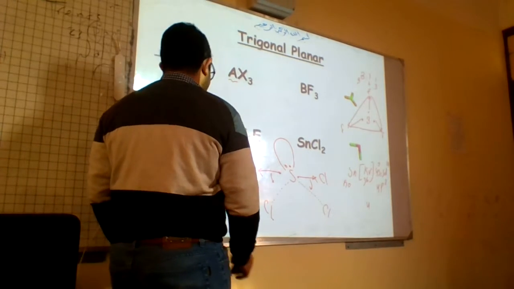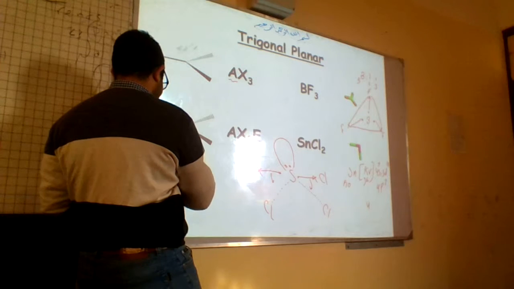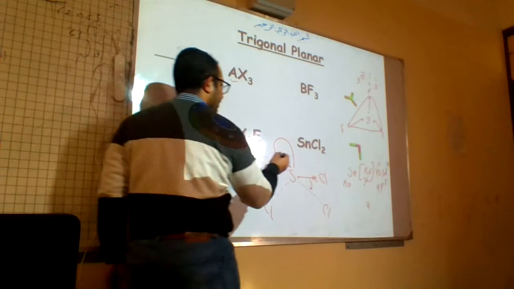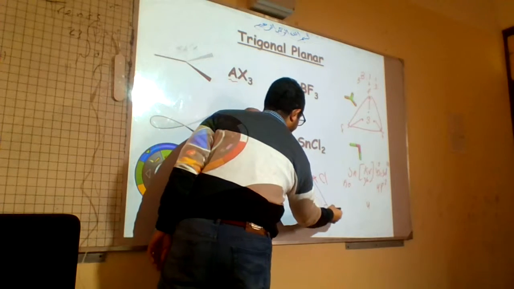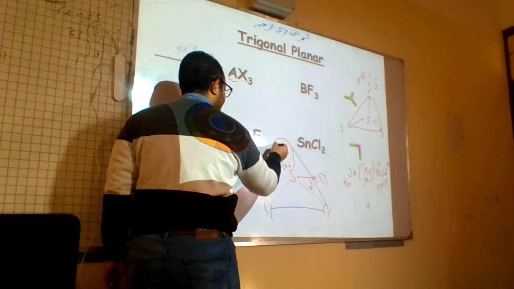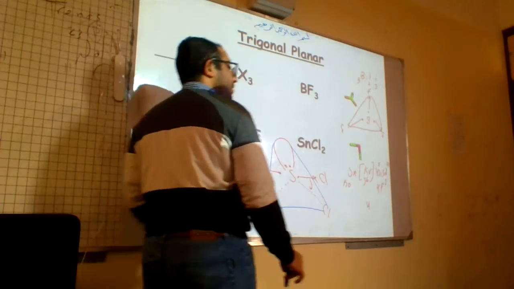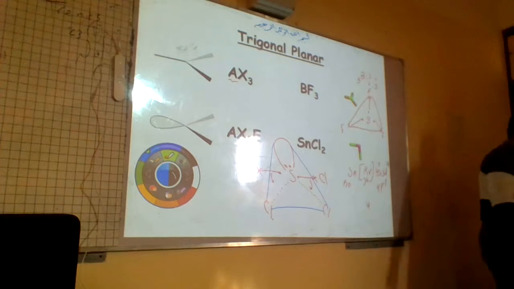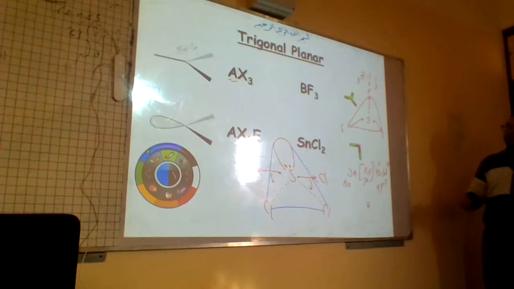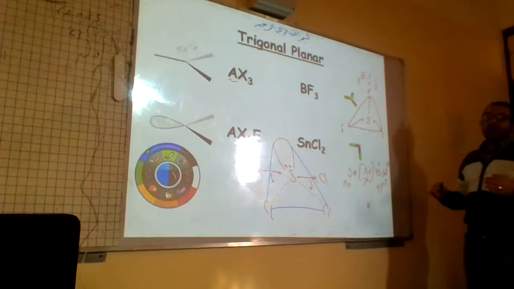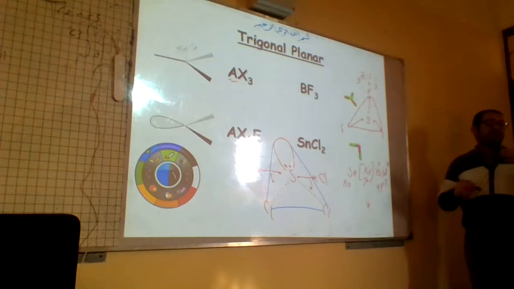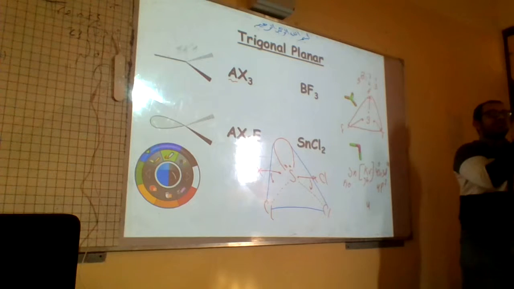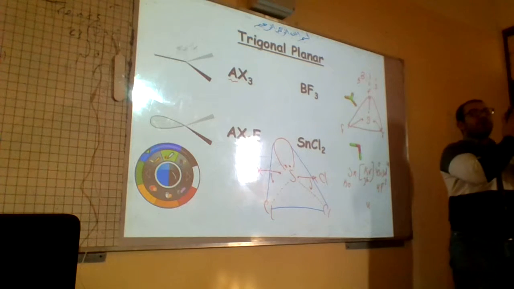The new shape of the compound will be like this: planar, triangular planar. Triangular means a triangle, and planar means flat. There are no 3 dimensions, only a flat plane. Okay?